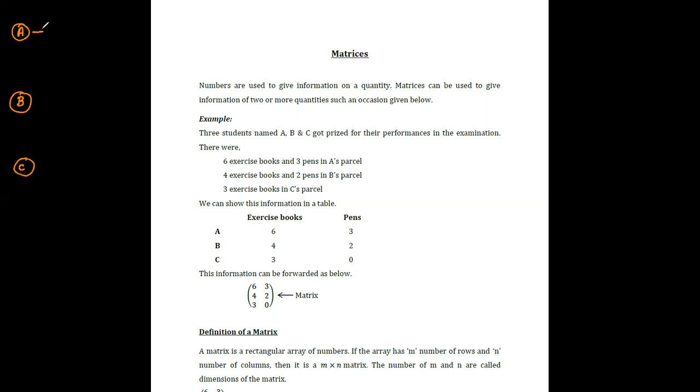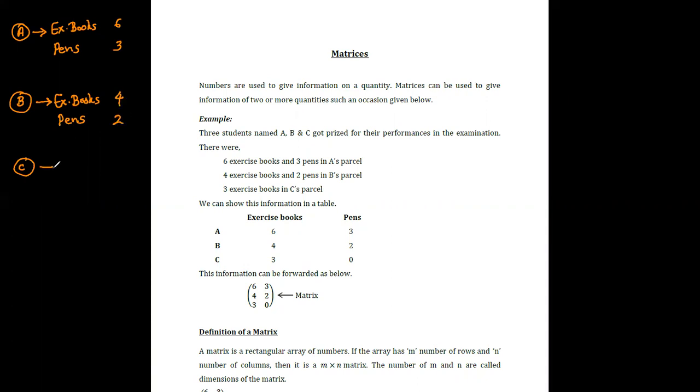In the prize of student A, there were 6 exercise books and 3 pens. For student B, there were also exercise books and pens: 4 exercise books and 2 pens.